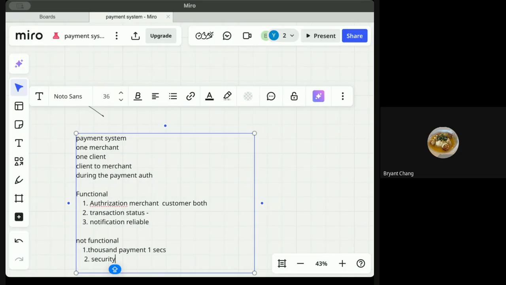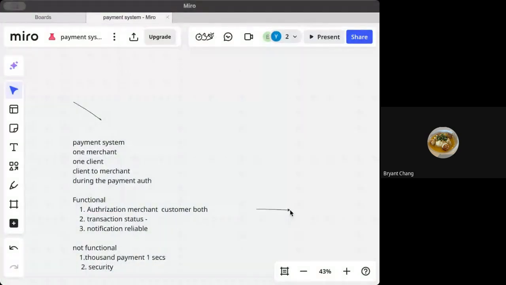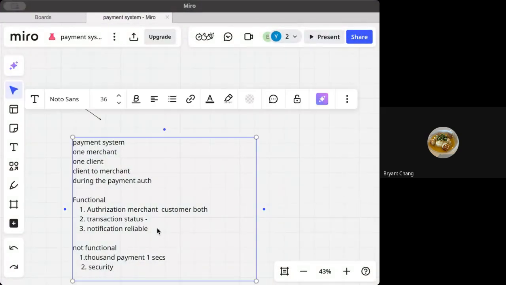Do you have any concern about payment success or failure error handling? Yeah, please do. And we can do a retry mechanism. Okay, then let's add that to the functional requirements because I think that's necessary. Okay, got it.